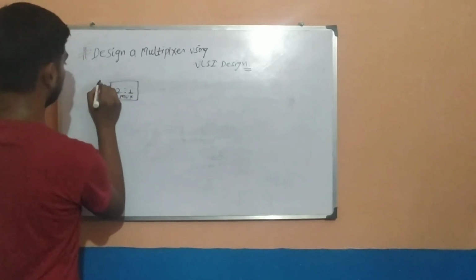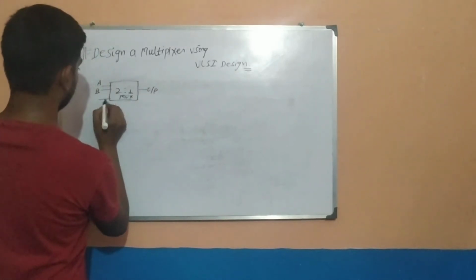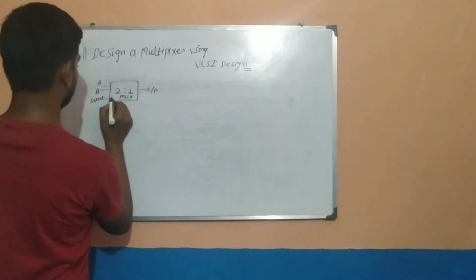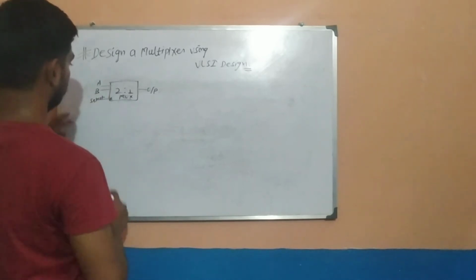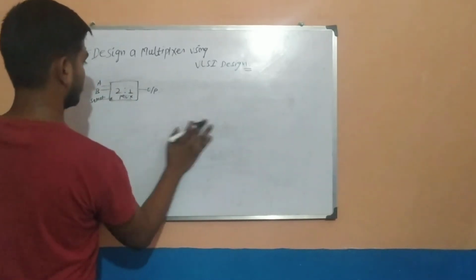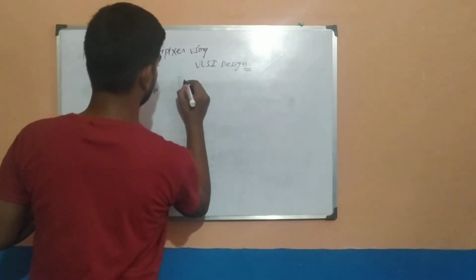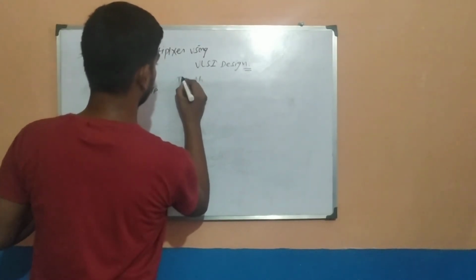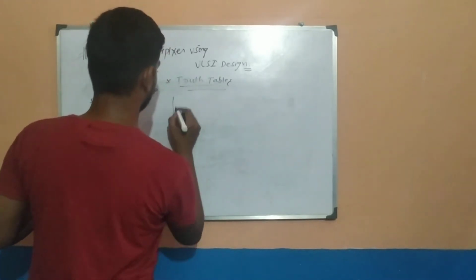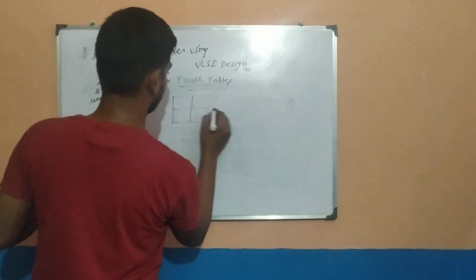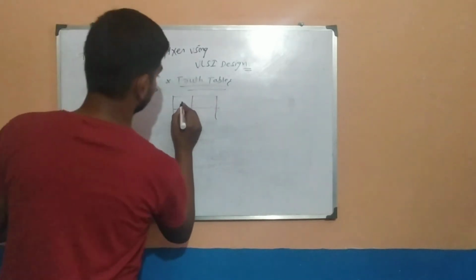There are 2 inputs, A and B, and there is 1 output, and there is a selector S. This is A and this is B. So their truth table is, for 2:1, there are 2 combinations, 0 and 1.